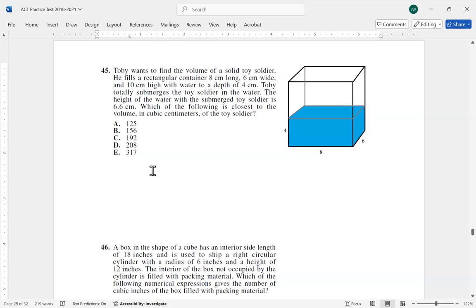So if we're looking at the volume of displacement, it's going to be 8 times 6 times the rise in water level, which since we went from 4 to 6.6 is 2.6. All of this is in centimeters.